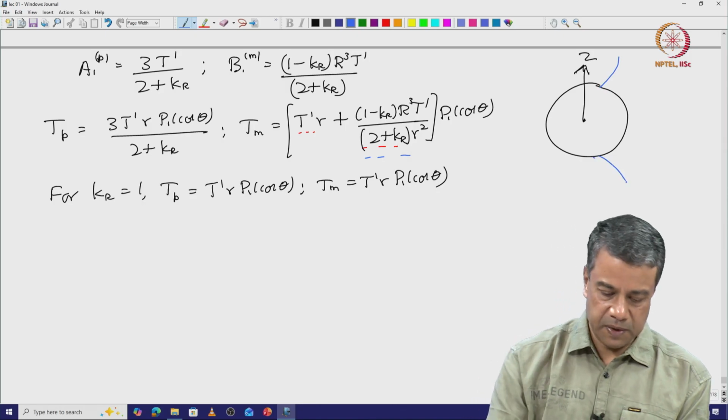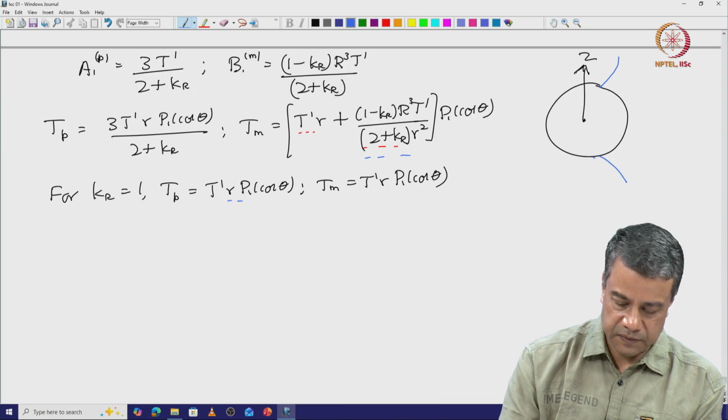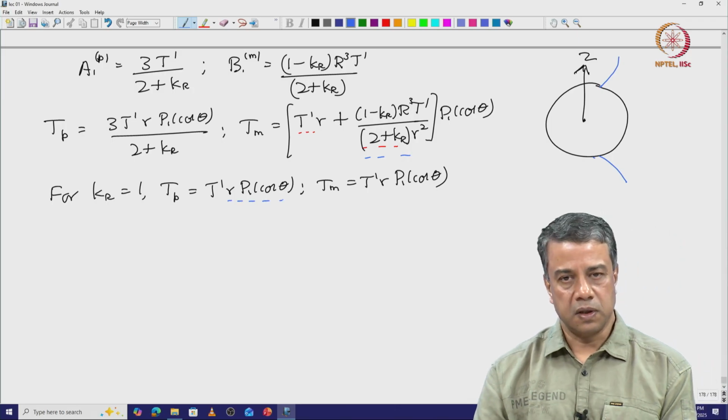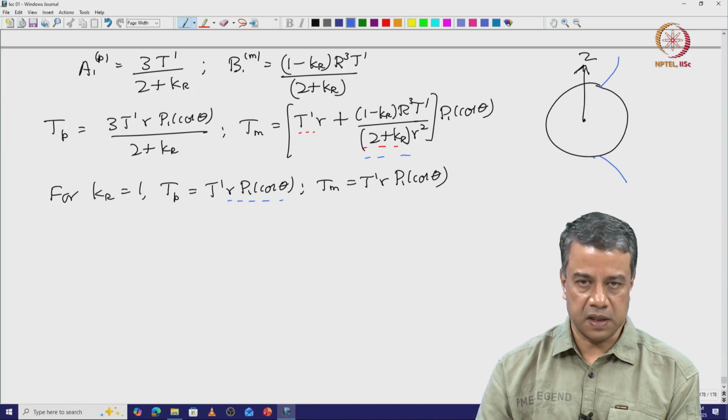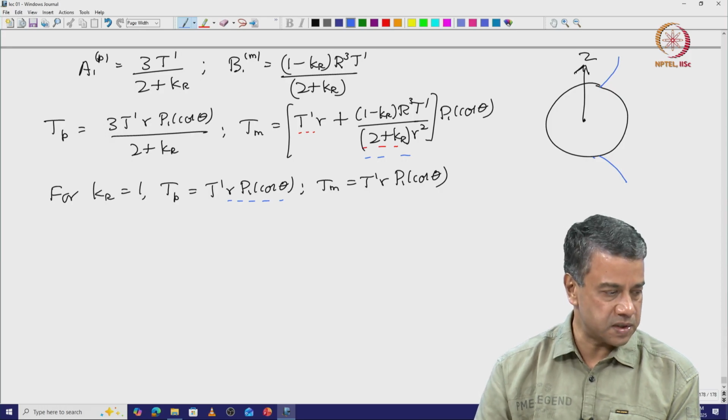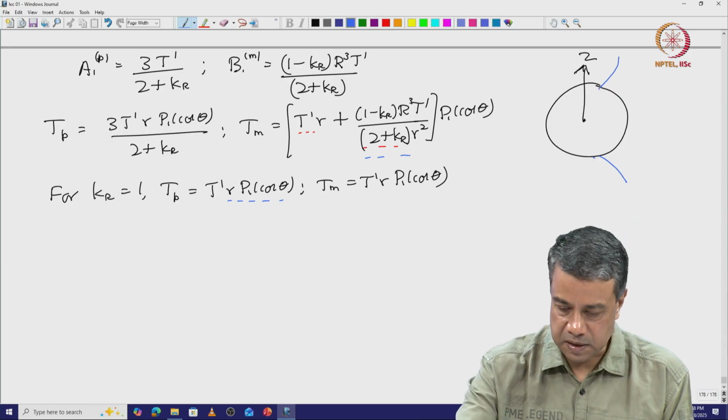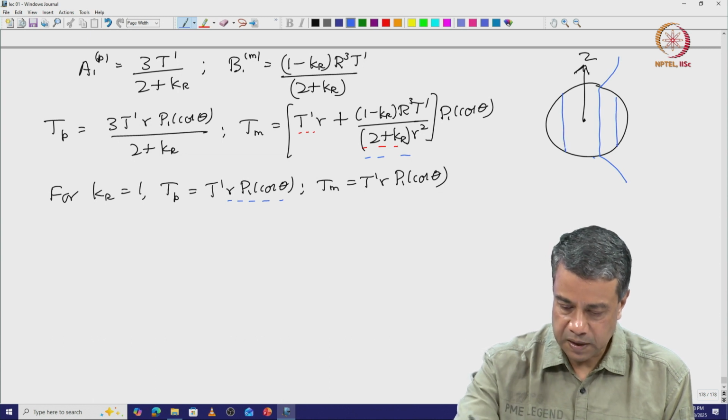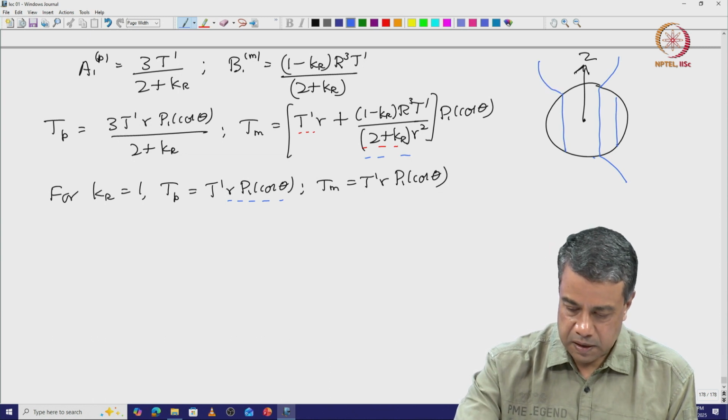In between, in the particle, the temperature field is just proportional to z itself, because r times P1 of cos theta is the same as r cos theta, which is the same as z. So, within the particle you have a temperature field that looks like this, and it comes in and goes out.